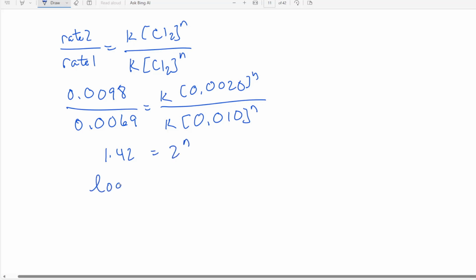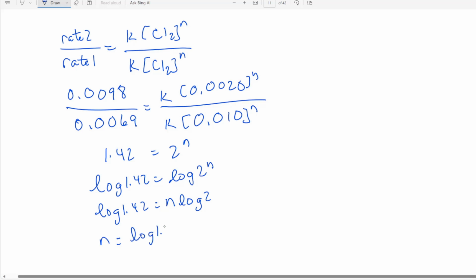Taking the log of both sides, we get log of 1.42 is equal to N log 2. So we see that N is equal to the log of 1.42 over the log of 2, which is equal to 0.152 over 0.301, which is equal to 0.50.